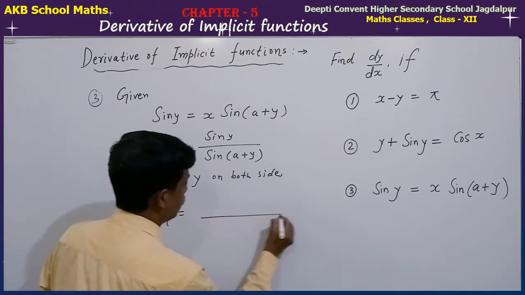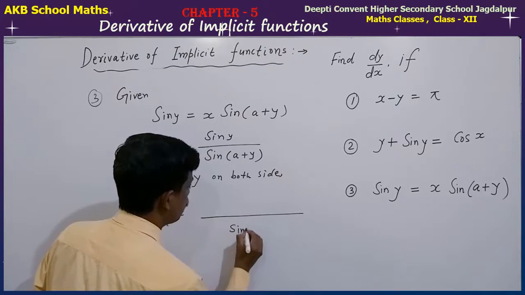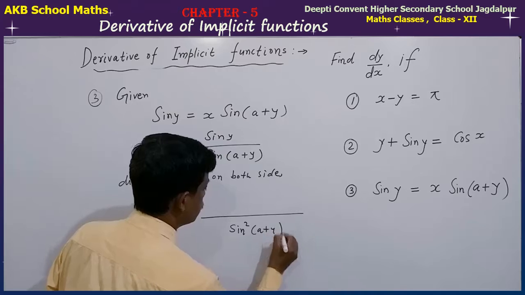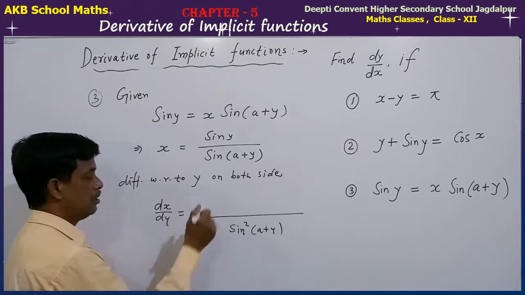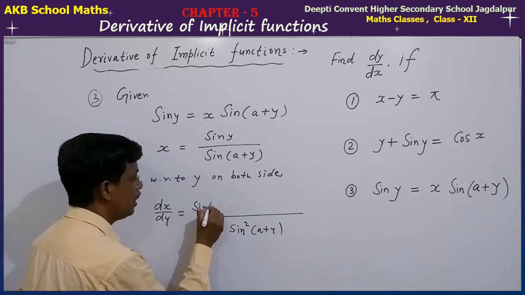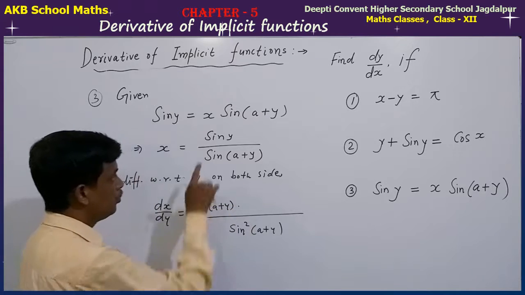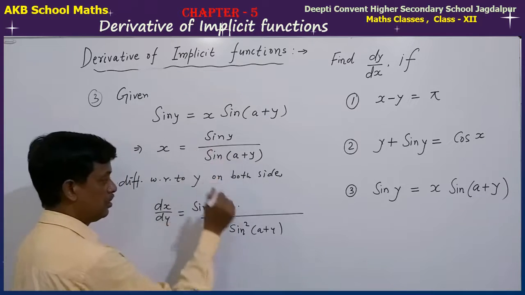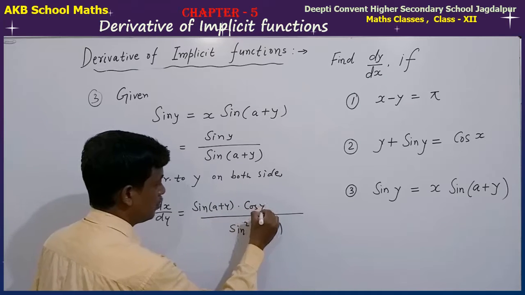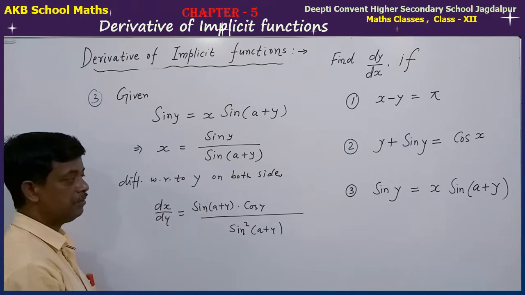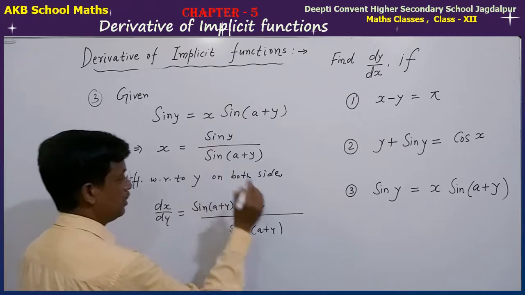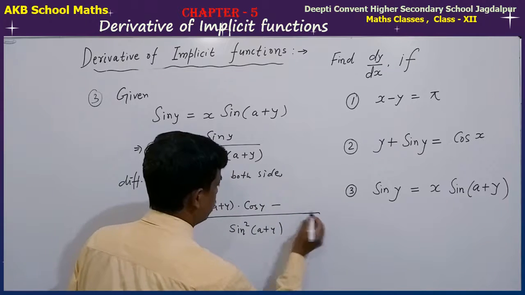So sin square(a plus y), this is the square of the denominator, and here the denominator will be as it is, into the differentiation of the numerator, cos y.